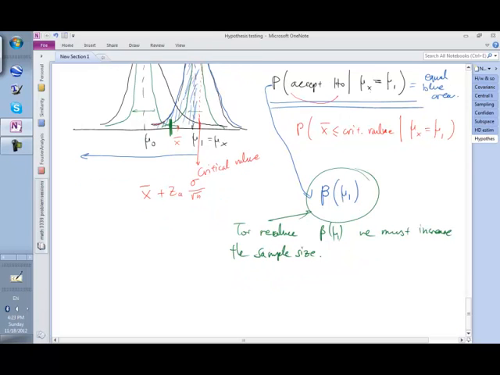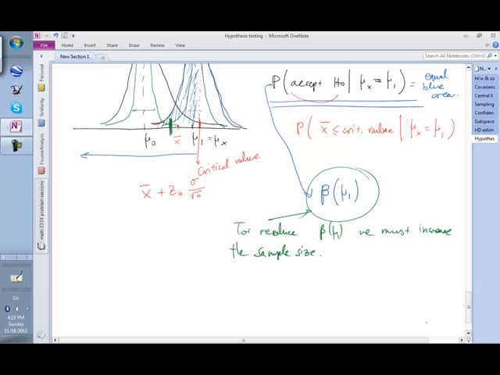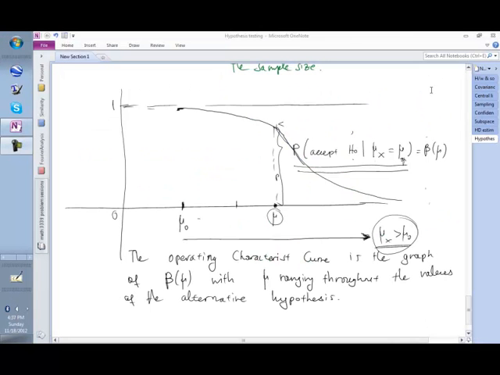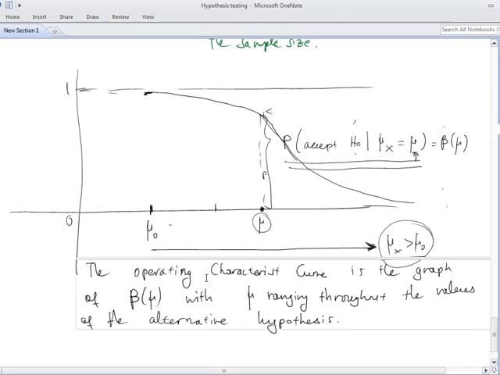Now, the last concept that I have to talk about is the operating characteristic curve. To understand how the test works, we create a curve which is called the operating characteristic curve.